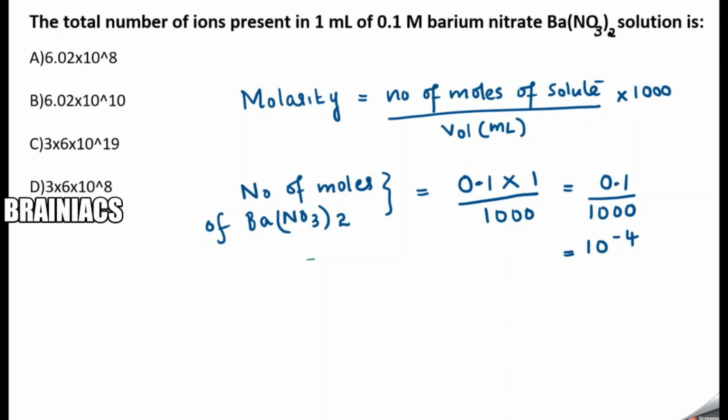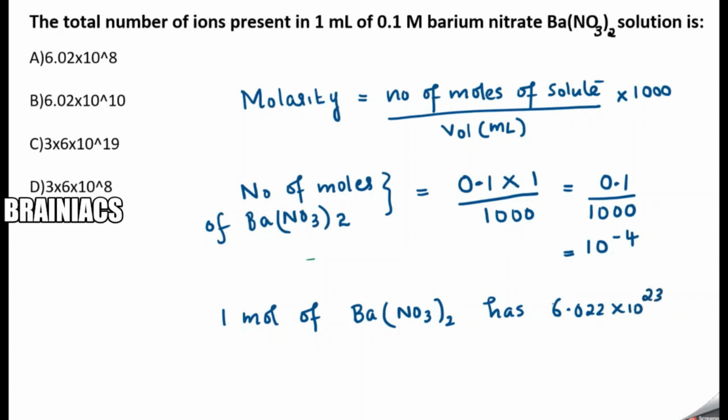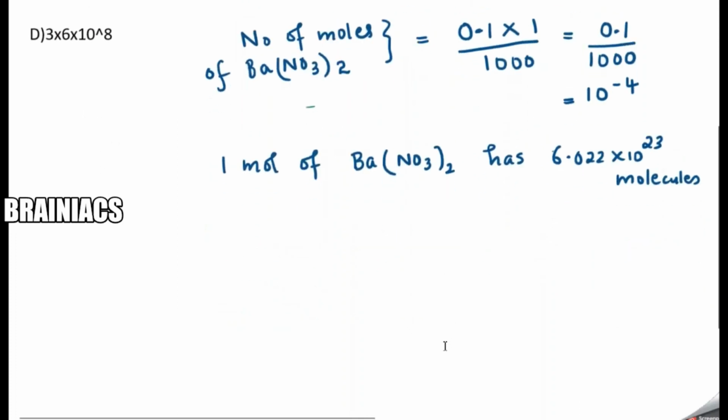Now, I know that 1 mole of barium nitrate, Ba(NO3)2, has how many molecules? It has Avogadro number of molecules, that is 6.022 into 10 power 23 molecules. Correct? Now, how many moles do we have? We have 10 power minus 4 moles.